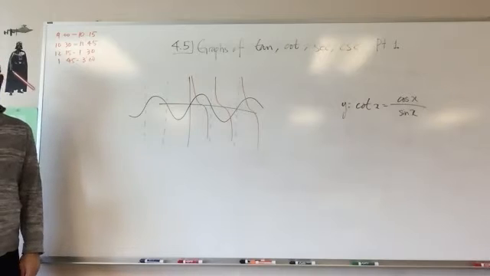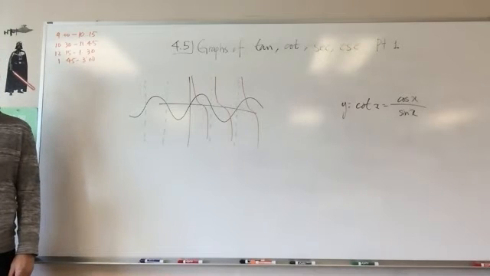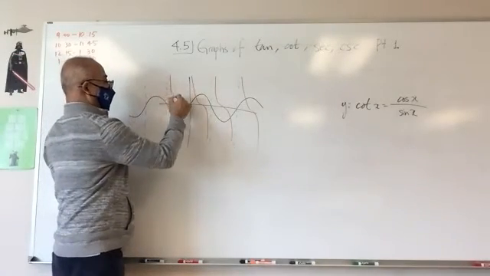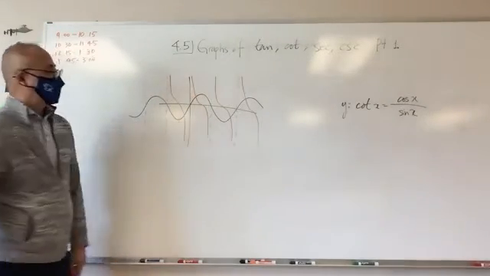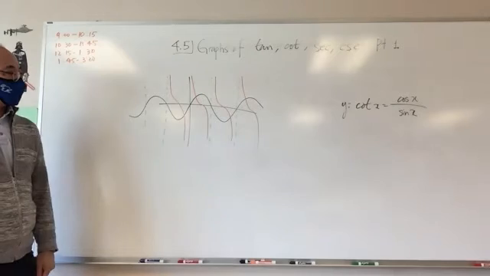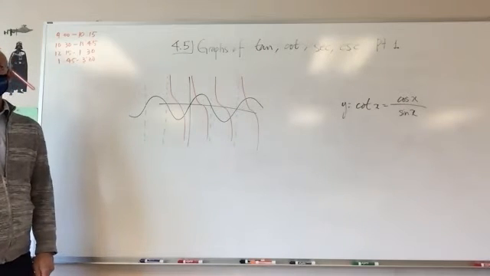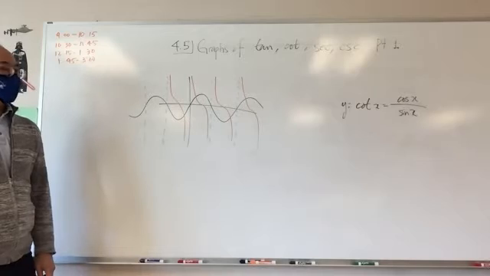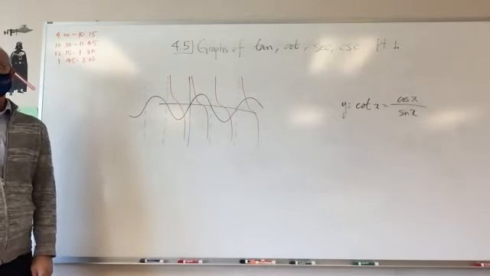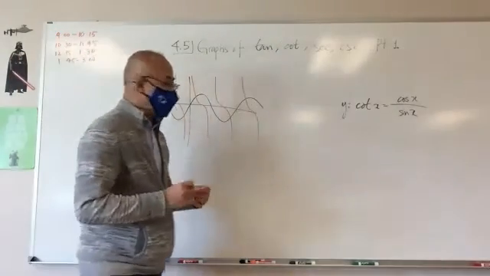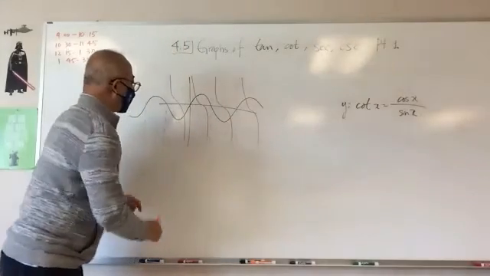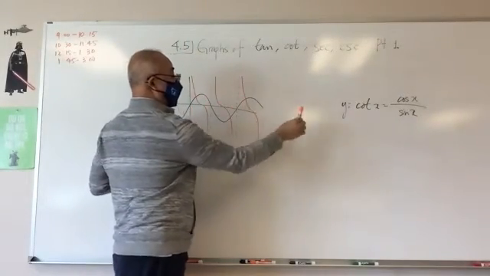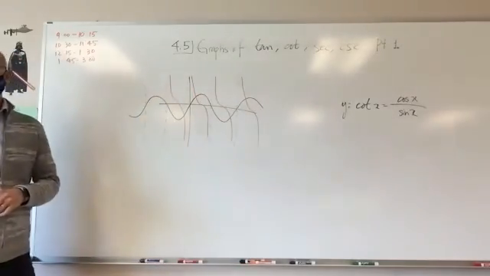Again, the period is what? Pi, correct? And since it's going to look like this, is it symmetric across the y-axis? No. It's symmetric across the origin. Yes, it is. So it's an odd function again, right? You're going to have an asymptote at every pi, right? Pi, 2 pi, 3 pi, so on and so forth.